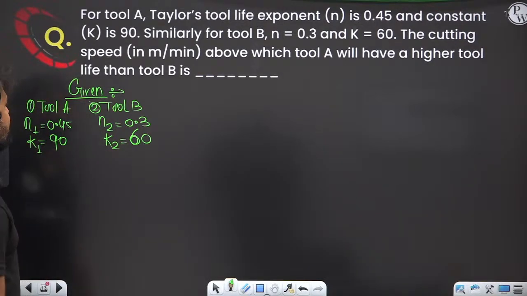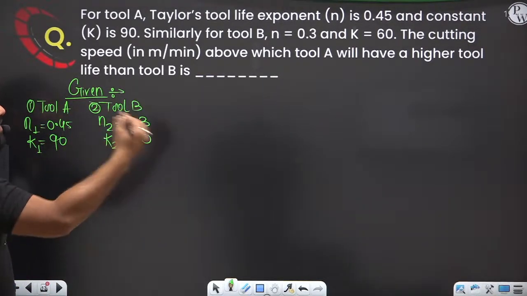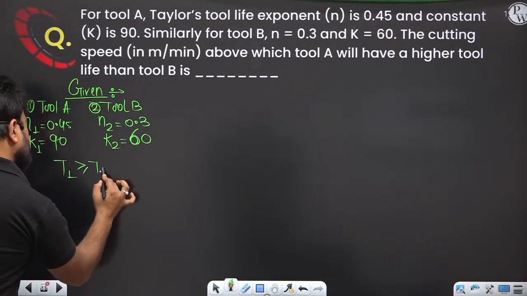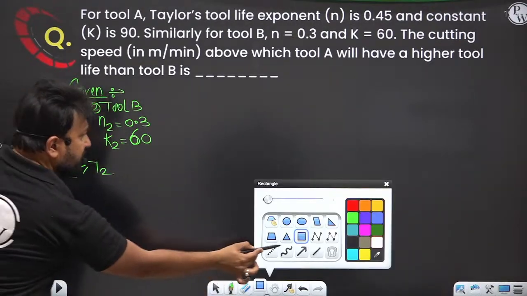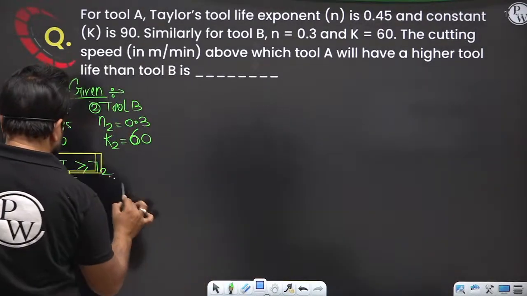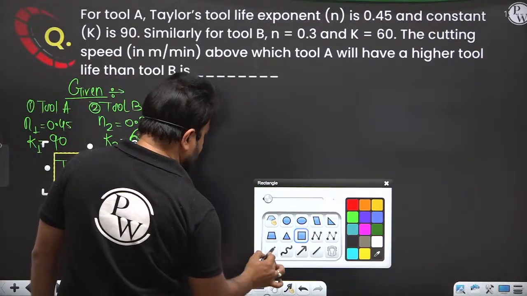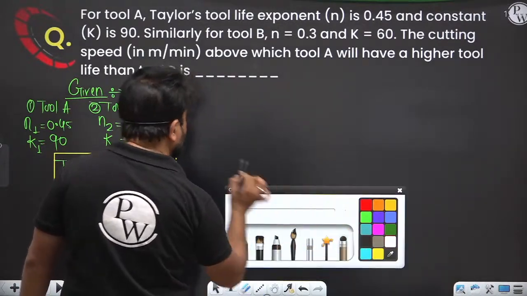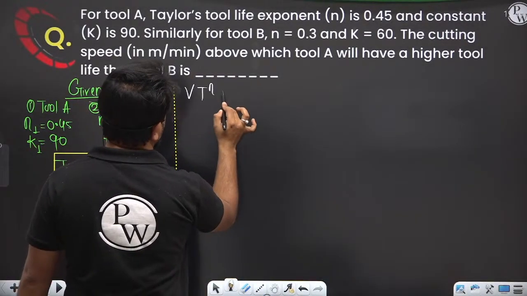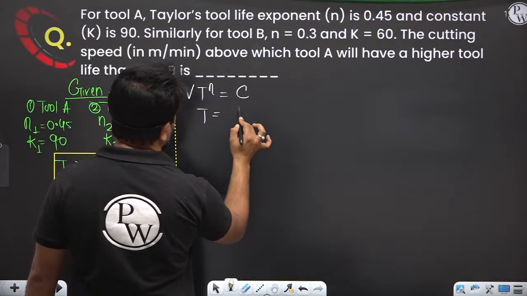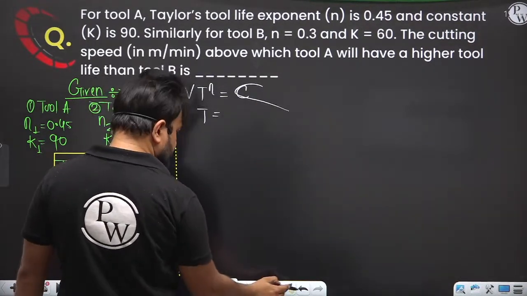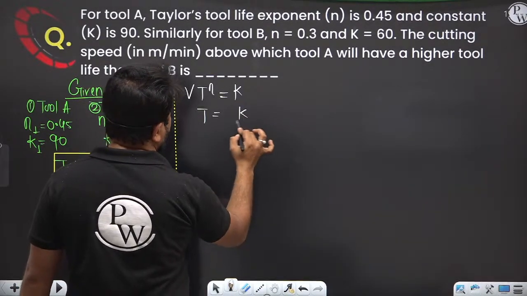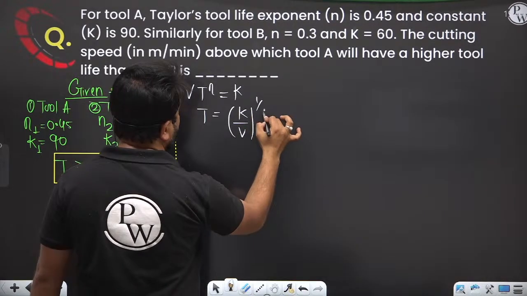So the cutting speed above which tool A will have a higher tool life than tool B, right? That is the condition. Now we know the power n equals 1, and K is given.